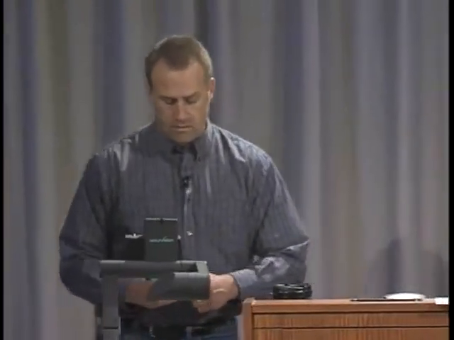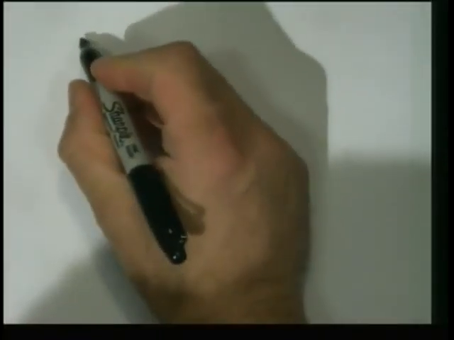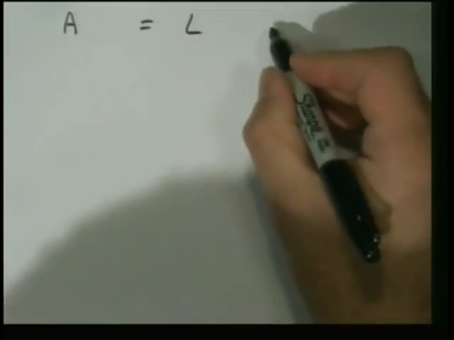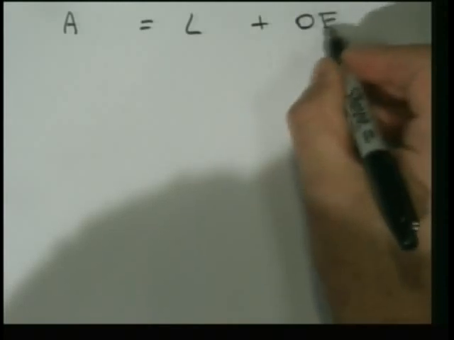Now the next two, and I think I kind of alluded to this last lecture. We want to focus on the accounting equation. Assets equals liabilities plus owner's equity, correct?